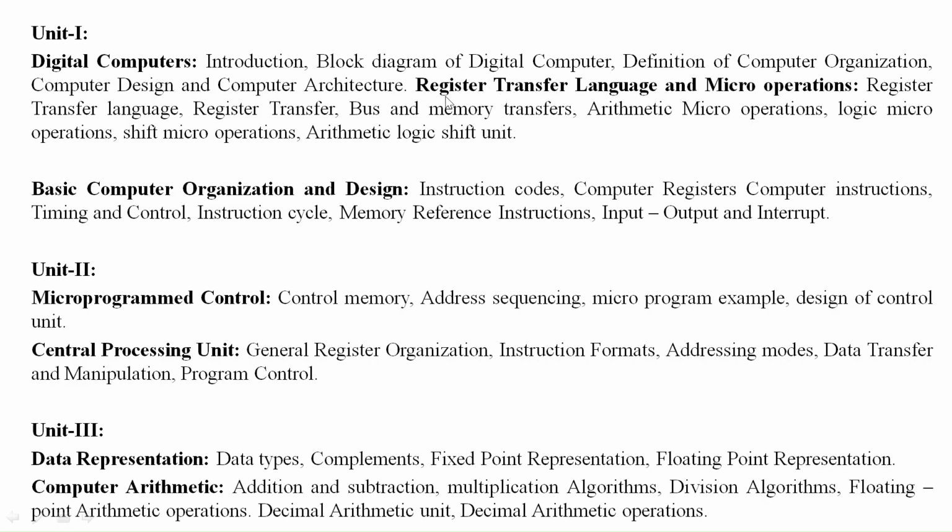With respect to register transfer language and micro operations, you are going to study what register transfer is and what register transfer language means, as well as bus and memory transfer, and different types of micro operations like arithmetic operations, logical micro operations, and shift micro operations, as well as a hardware unit called the arithmetic logic shift unit.